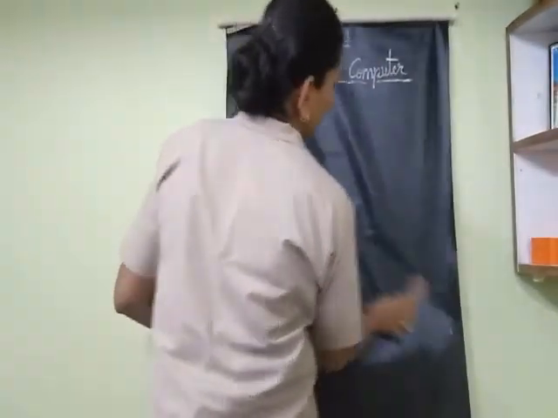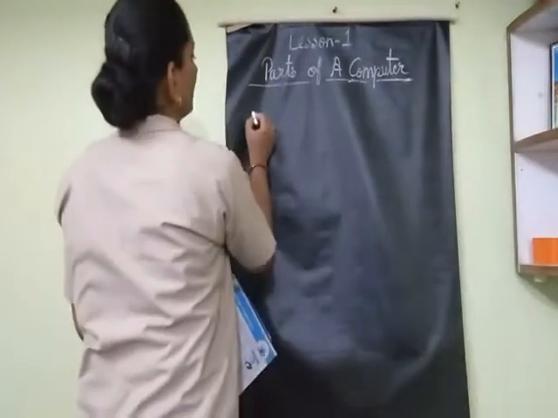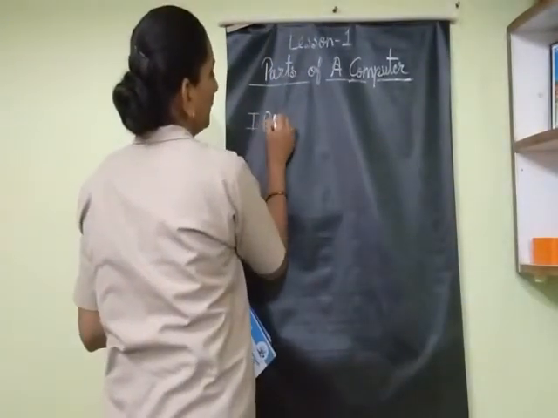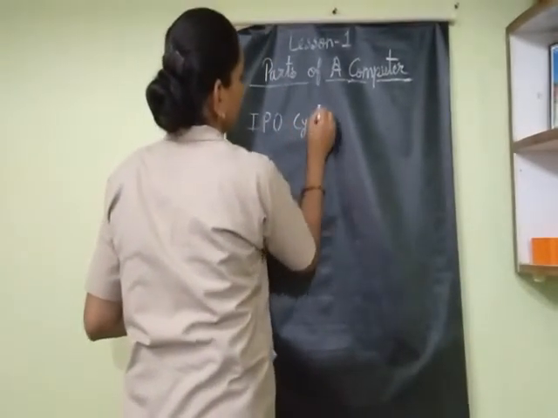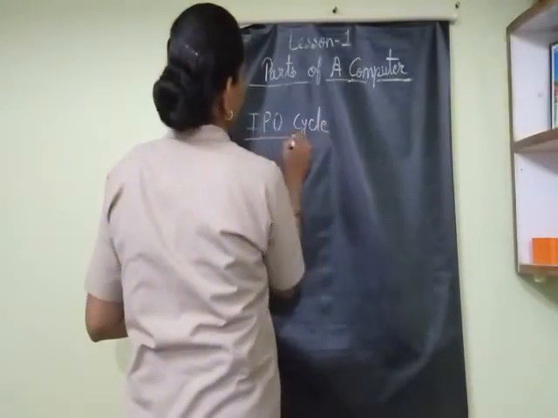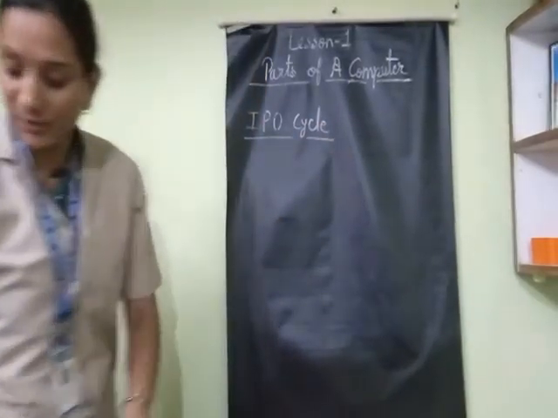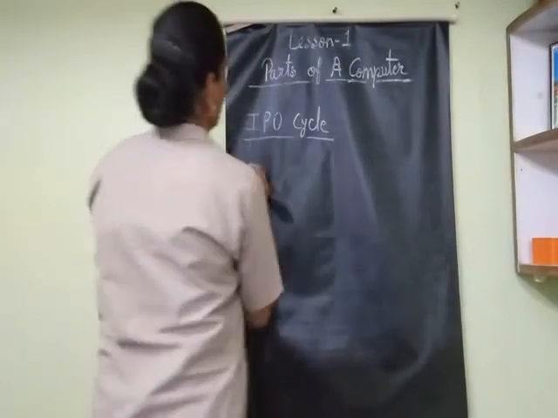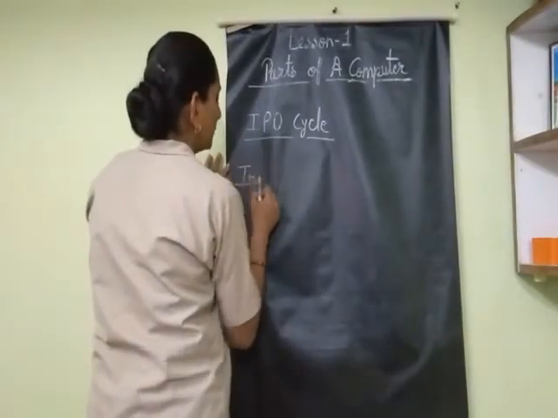So let me show you the new topic, and the next topic is the IPO cycle. Okay. Now what is the meaning of IPO cycle? Here I means input.